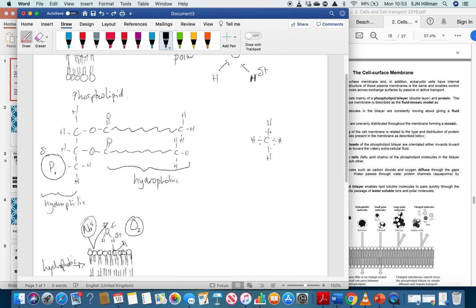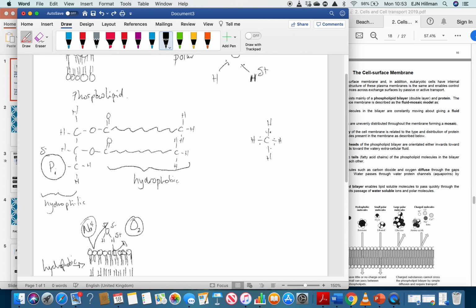So lipid soluble things, or things that are composed of mostly hydrocarbons, can also pass through that hydrophobic region.